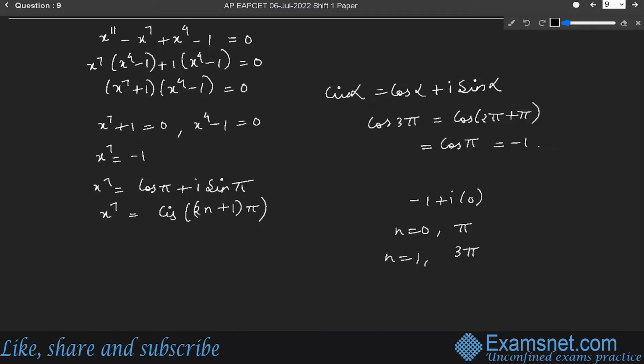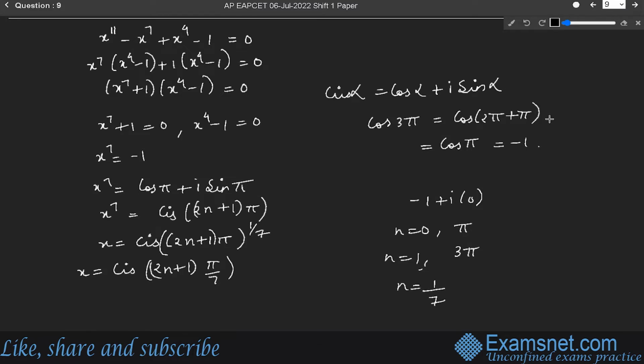Therefore, x will be equal to cis 2n plus 1 pi whole power 1 by 7. So x will be equal to cis 2n plus 1 into pi by 7. Therefore, the power is 1 upon 7.